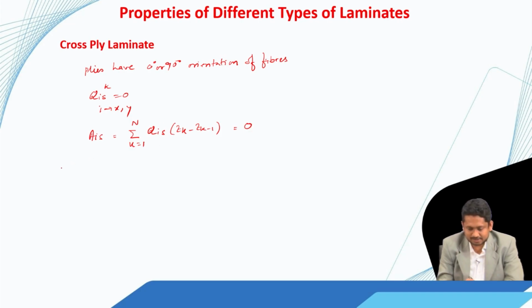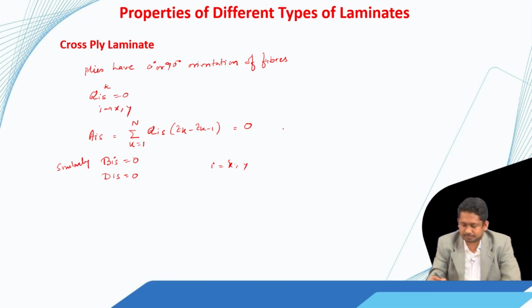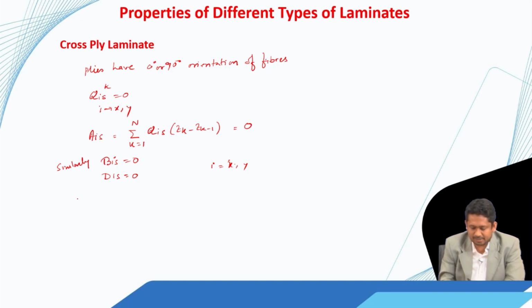And similarly, BIS is equal to 0 and DIS is equal to 0. Here I is equal to X or Y.